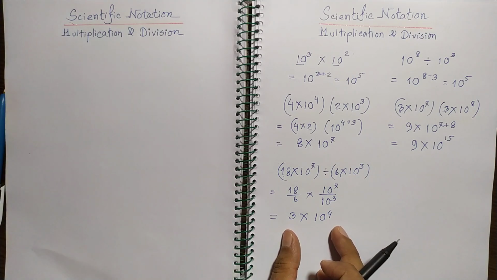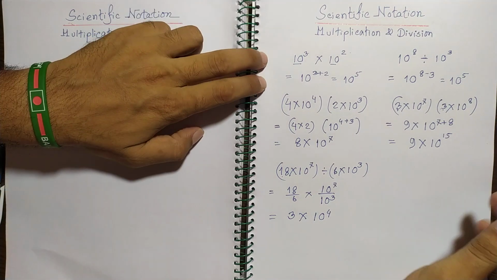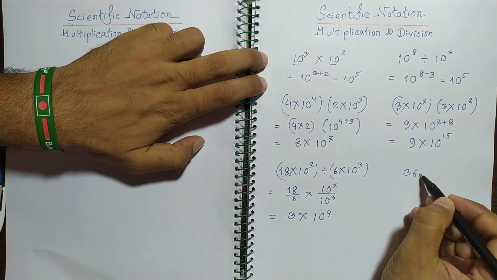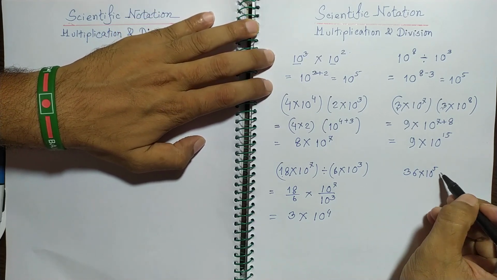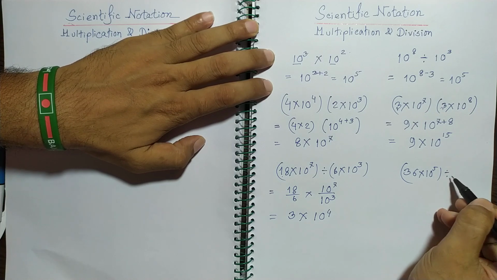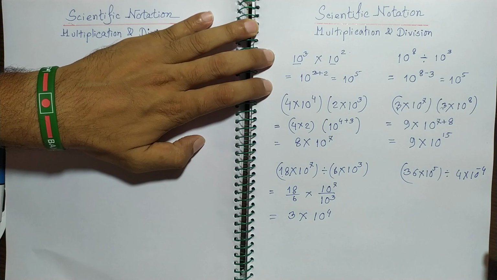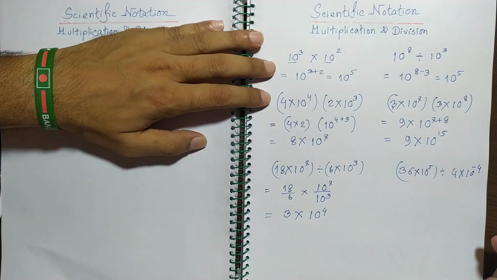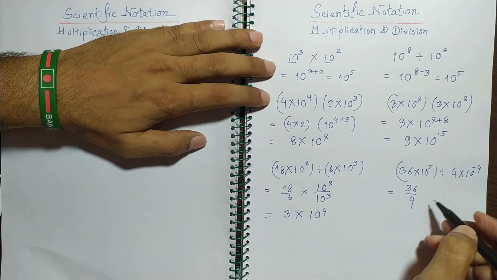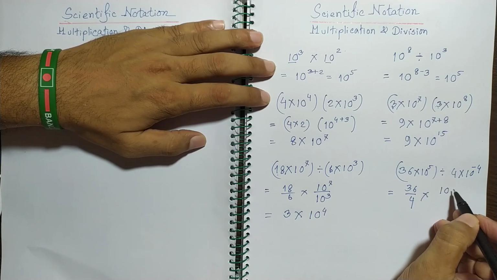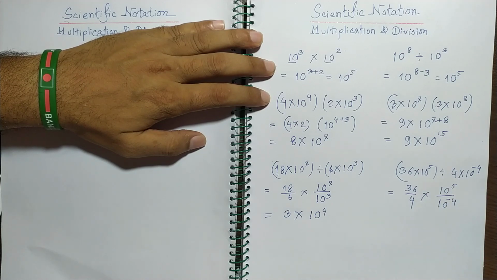Okay, and in case of negative numbers, suppose 36 times 10 to the power 5, this is the number, and if I divide it by 4 times 10 to the power minus 4, then what should be the result? You see 36 divided by 4, and then 10 to the power 5 divided by 10 to the power minus 4.